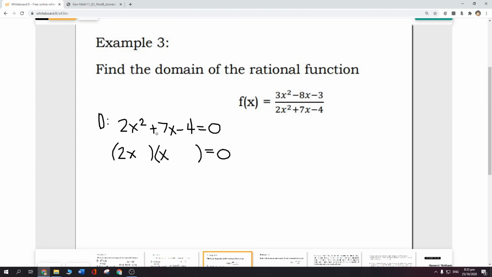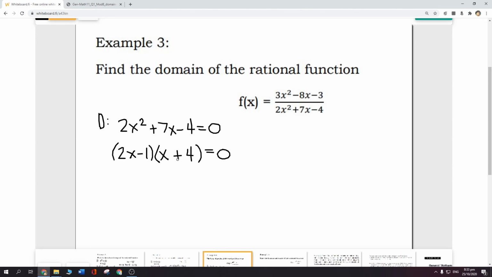Since the middle term is positive, therefore we can have here a positive 4 and a negative 1. To check, just multiply: negative 1 times 4 is negative 4. 4 times 2 is 8. Negative 1 times x is negative x. So 8x minus x is 7x.